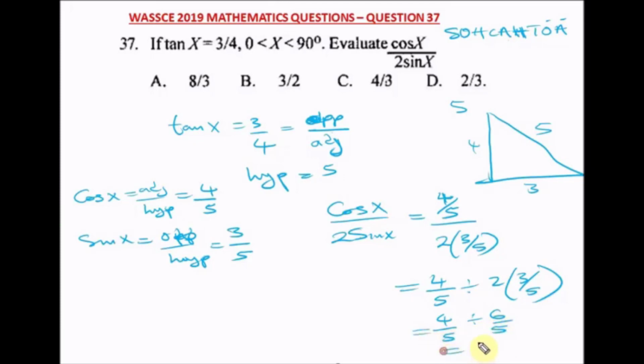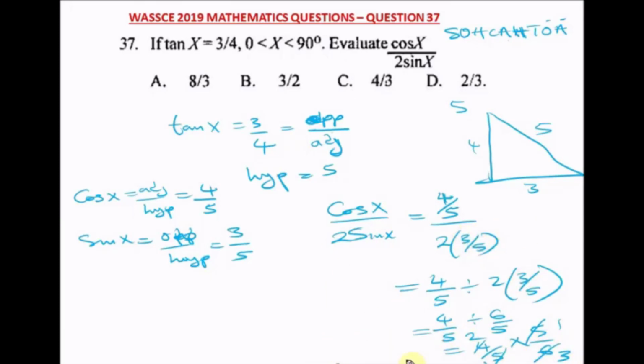Converting this division sign to multiplication sign, we have times 5 over 6, where this 5 will cancel out this 5, and that's 1, 1. And 2 can go here 2 times, and 2 here will go 3 times.